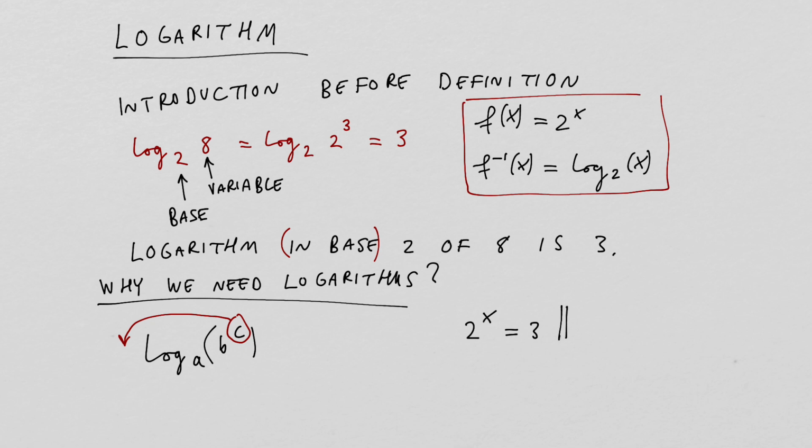We take the logarithm of any base, let's say 5, from both sides.